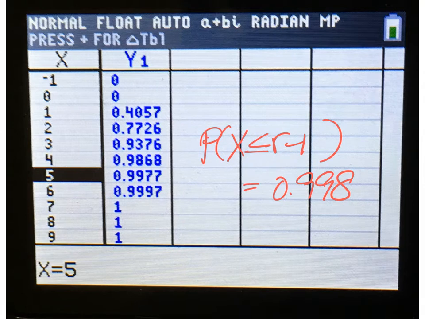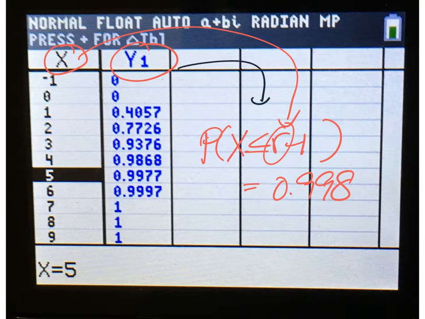You should be able to observe that the first column, which represents the X, basically refers to the r in your probability statement, and in the second column, the Y1 actually refers to the probability of X less than or equal to r minus 1.